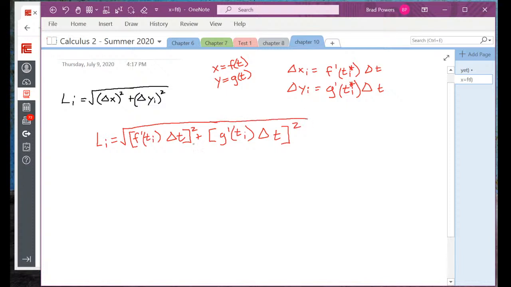Then we can easily factor out the delta t squared, so that each of these little approximating lengths can be approximated with the square root of f prime of t sub i squared plus g prime of t sub i squared. I should put the square more clearly: I'm squaring this, and then we're going to square this one.